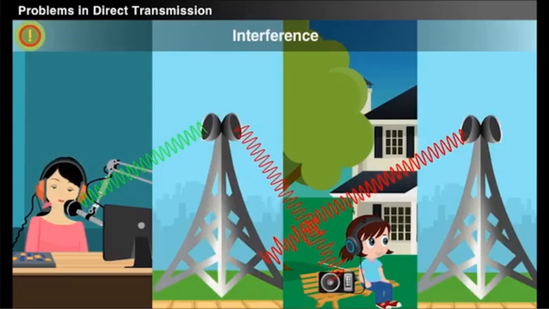The second problem is interference. If there is more than one base station in the city, then the signals with the same frequency get mixed up with each other and the reception quality completely degrades.